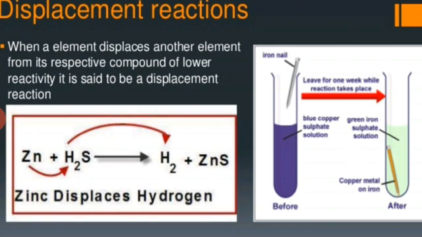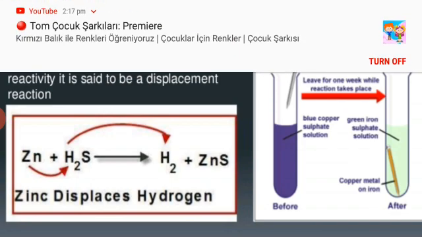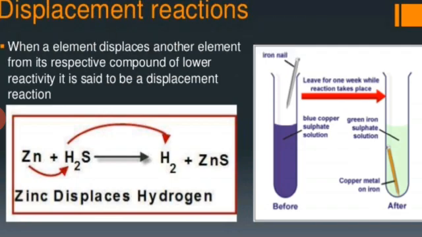For example, zinc plus H2S. Zinc is displacing hydrogen from its place because it is more reactive than hydrogen. So zinc will displace hydrogen from H2S and form zinc sulfide.